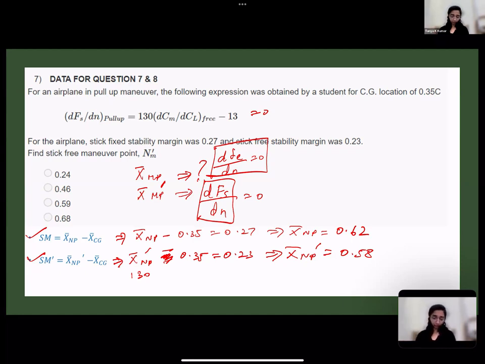So set this to 0. 130 into dCm upon dCL free. What is dCm upon dCL free? What else can you write over there? What term instead of this?